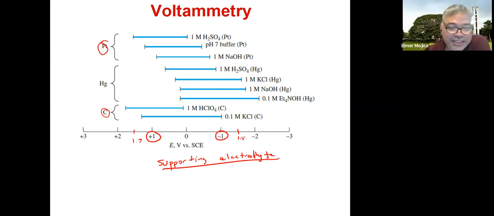Why is one electrolyte much better than another supporting electrolyte? And it has something to do with the electrode system that they use. You see that one of the things they optimize is the supporting electrolyte. Or maybe the last one who did it didn't do it anymore because it's already established based on the previous thesis that this is the best supporting electrolyte. So my students didn't do it anymore.